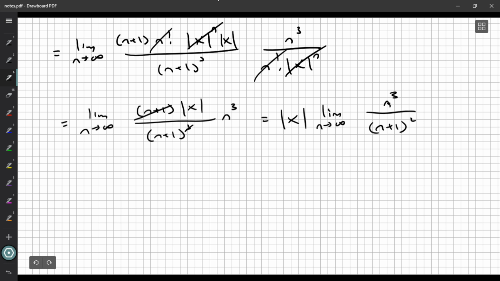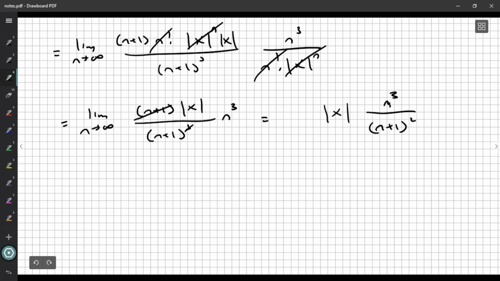So we're looking now for the limit, as n tends to infinity, of n cubed over n plus 1 squared, which I suppose we could rewrite. Although now I'm thinking ahead, I'm not allowed to take the absolute value of x out unless you know that the limit does exist.